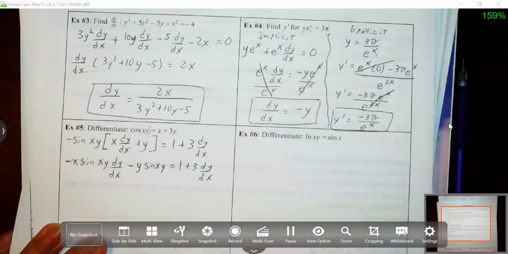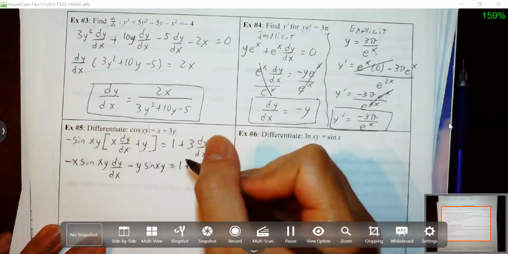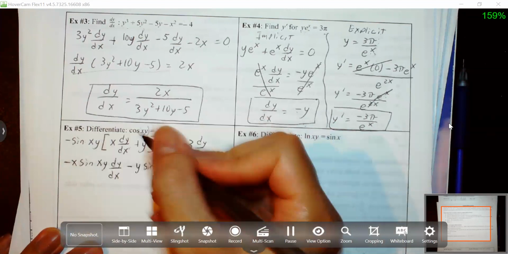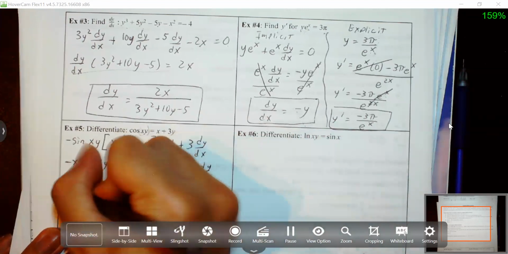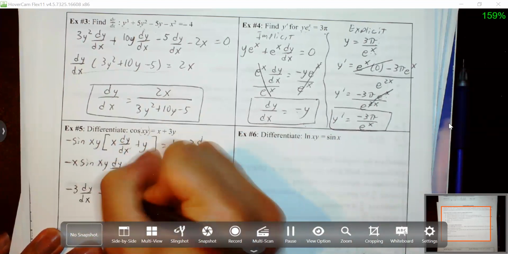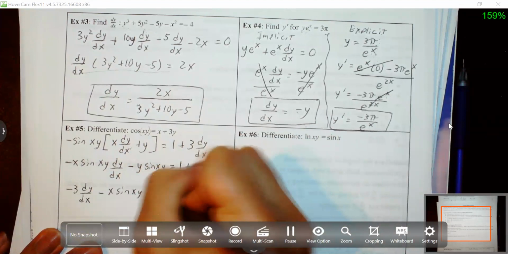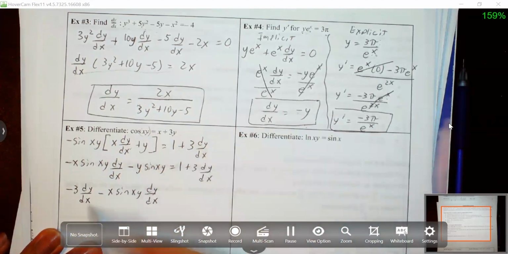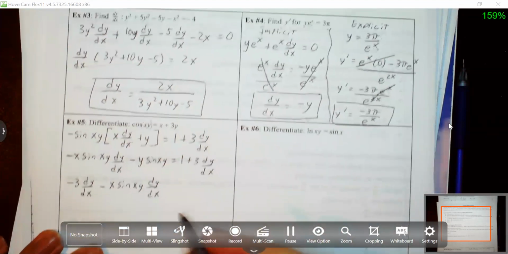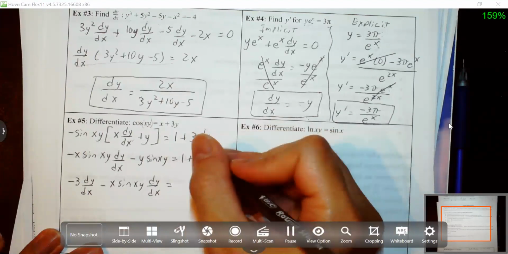So I want everything with dy dx on one side. So this is going to be minus 3 dy dx minus x sine xy dy dx. So all my dy dx terms are on the left side, and all of the terms without a dy dx are on the other side.